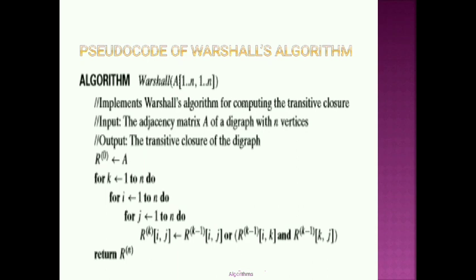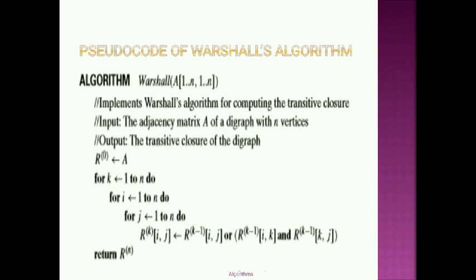Next is R1, where k takes the value 1, and the last one, that is the output, will be stored at Rn. While building each time, R_k(i,j) is equal to R_(k-1) that is, we are using the previous value.